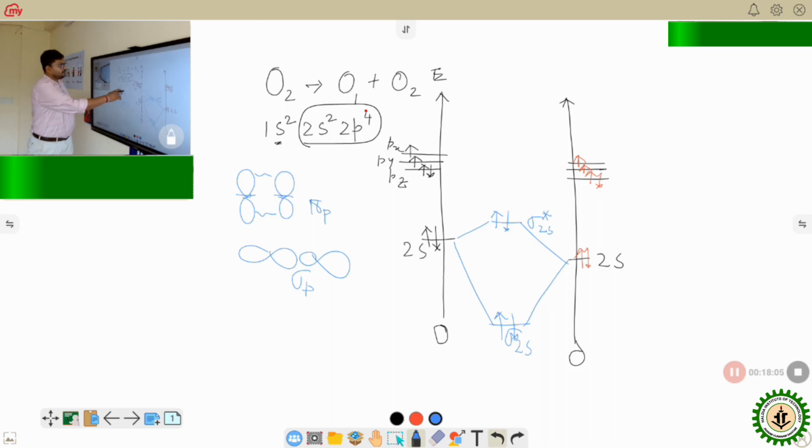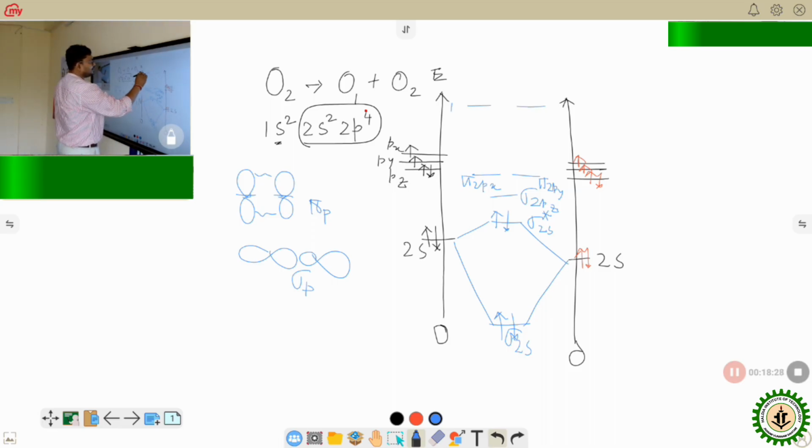So let us assume that my pz orbitals form the sigma orbital, sigma 2pz, and the rest of the orbitals form pi orbitals. Similarly, for the bonding pi orbitals, we have the anti-bonding orbitals, and for sigma also we have the anti-bonding orbitals.